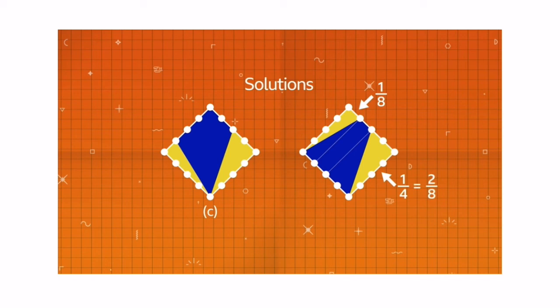So we can add 1/8 and 2/8 together to find the total yellow fraction, 3/8. Now, all we need to do is calculate the remaining blue fraction. 8/8 subtract 3/8 is 5/8.